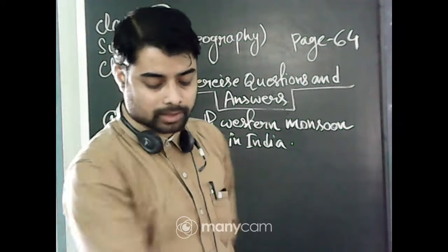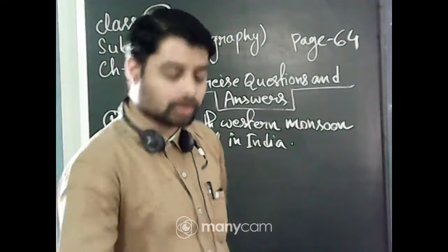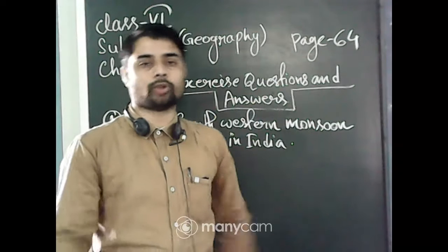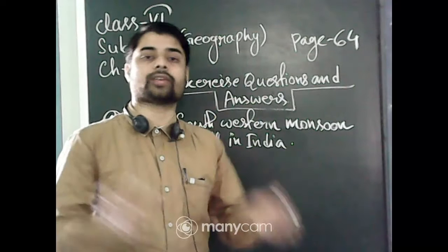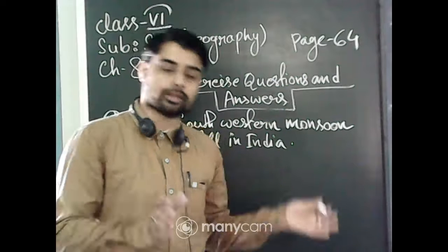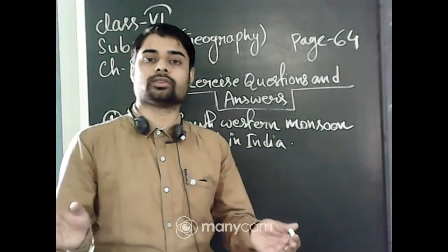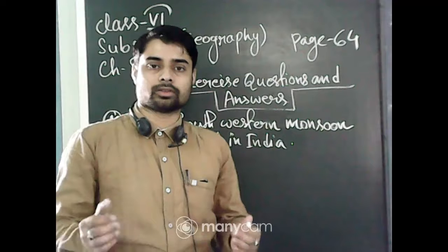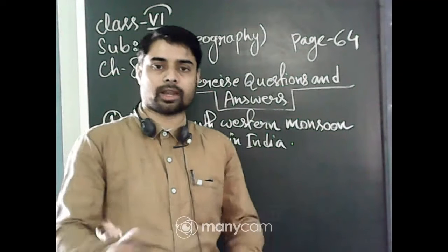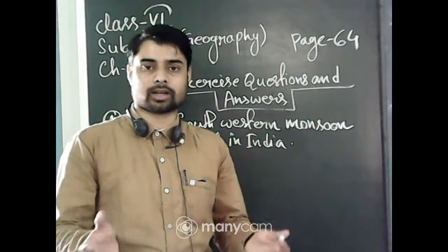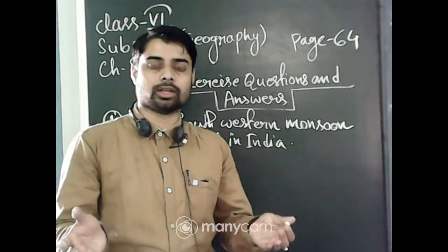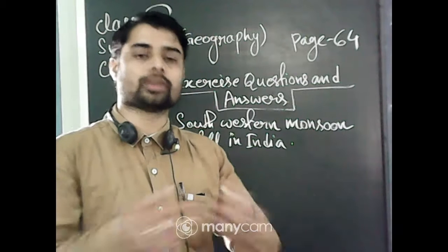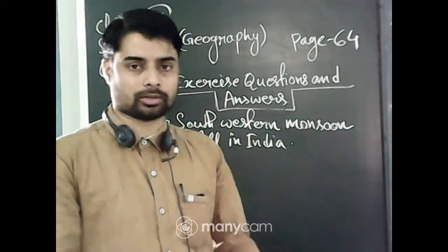I am not giving the answer because I have discussed right now that it carries a lot of water vapor from the Bay of Bengal as well as the Arabian Sea, and when the monsoon wind enters the Indian subcontinent, it strikes the mountains like the Himalayas, and the western and eastern Ghats, and it precipitates in the Indian subcontinent, meaning it causes rainfall in this region.